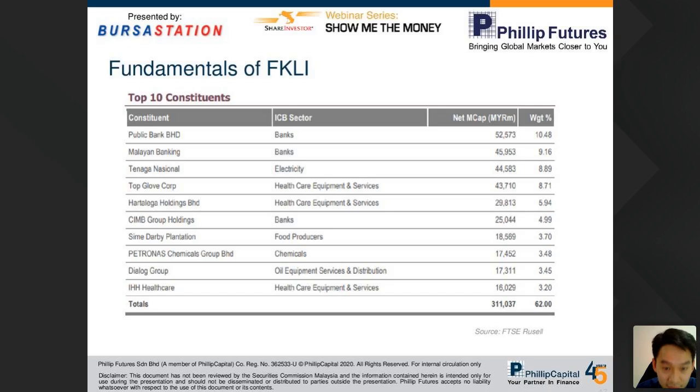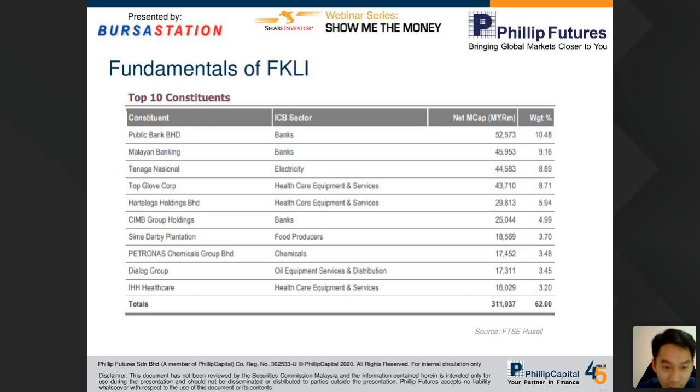Just a note that this is obtained from FTSE Russell, the body that revises and controls the constituents. This was extracted from their semi-annual review in June this year.